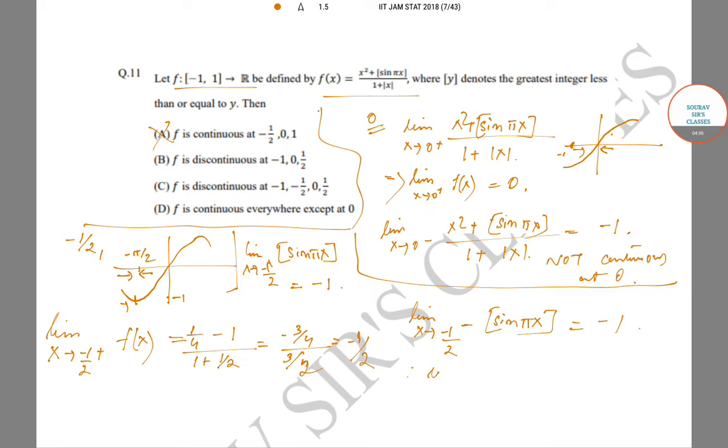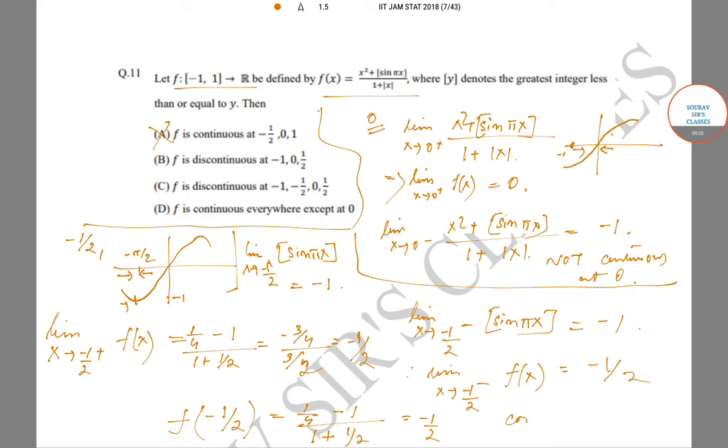Therefore limit x going to minus half from the negative side, f(x) is also equal to minus half, and f of minus half is equal to 1 by 4 minus 1 by 1 plus half, which is also minus half.